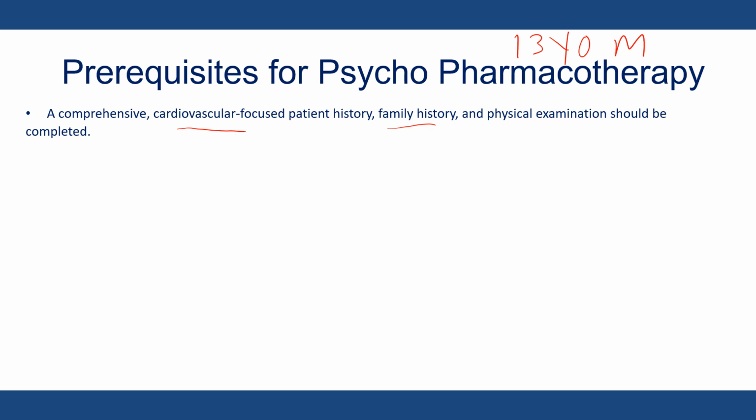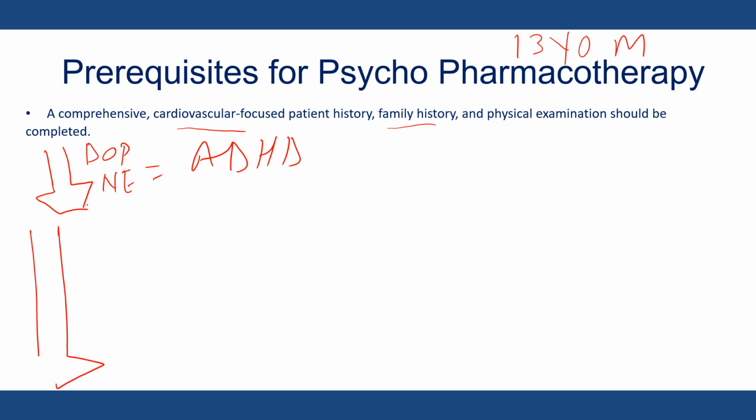We already talked about this, that it is the decreased level of dopamine and norepinephrine that are responsible for ADHD, right? So we talked about that. It's a decreased level of these that gives us decreased motivation. These are the core symptoms of ADHD.